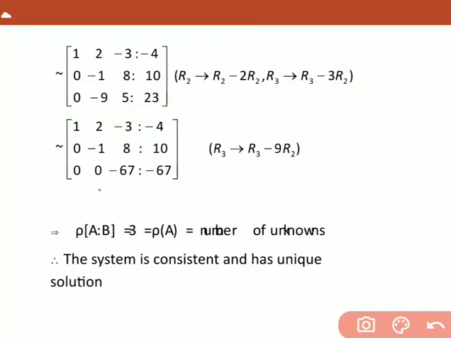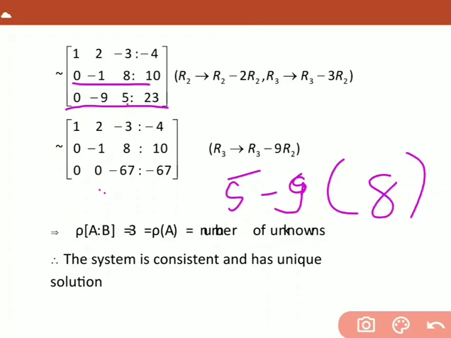R3 changes to R3 minus 9 times R2. After simplification you will get minus 9 plus 9 becomes 0. And this element: R3 is 5 minus 9 times R2, where R2 is 8.